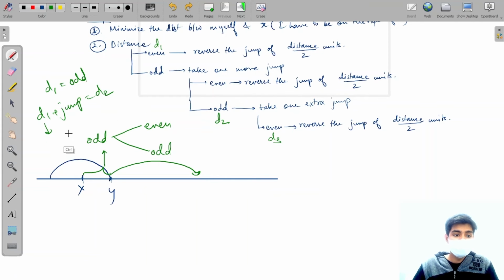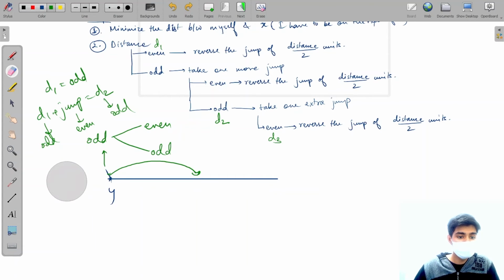But when the old distance is odd and the jump is even, d2 will come out to be odd. So if my distance is odd again, just take one more jump, because I know that the old jump was even.